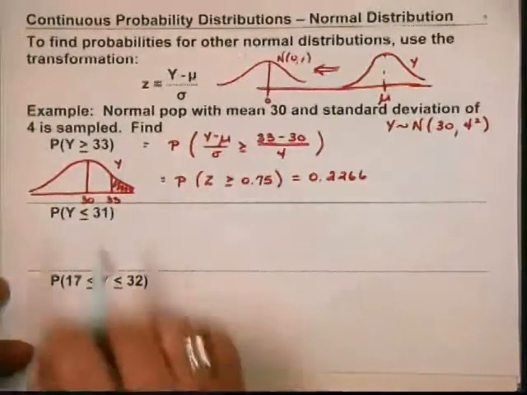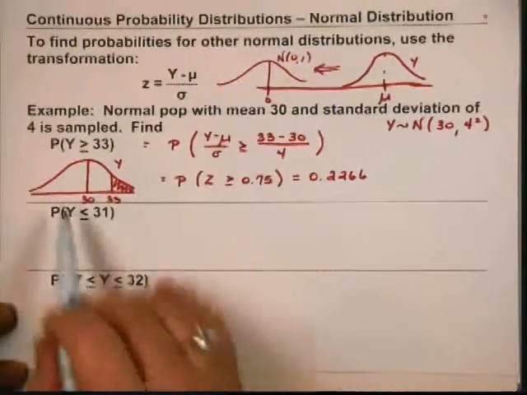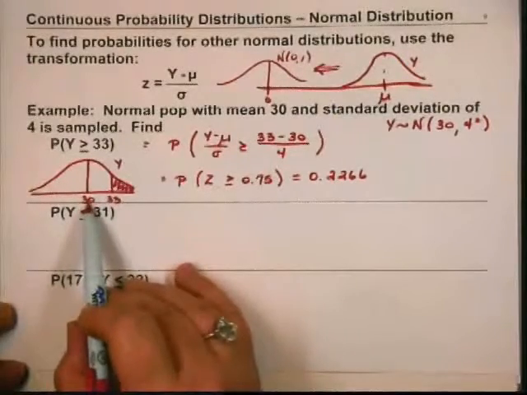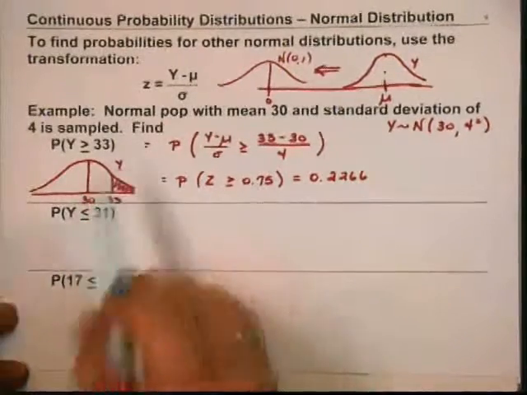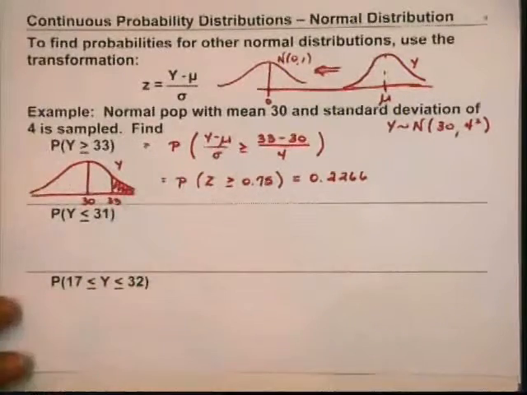All right, our common sense check: the best we can tell here is that it's going to be smaller than 0.5, right? Do I have to redraw the picture for z? It's going to look exactly like this, except this will be a 0, this will be a 0.75, and that would be a z. So I could either draw the picture for y or draw the picture for z. It doesn't matter which. We're still looking for this same right-hand area.